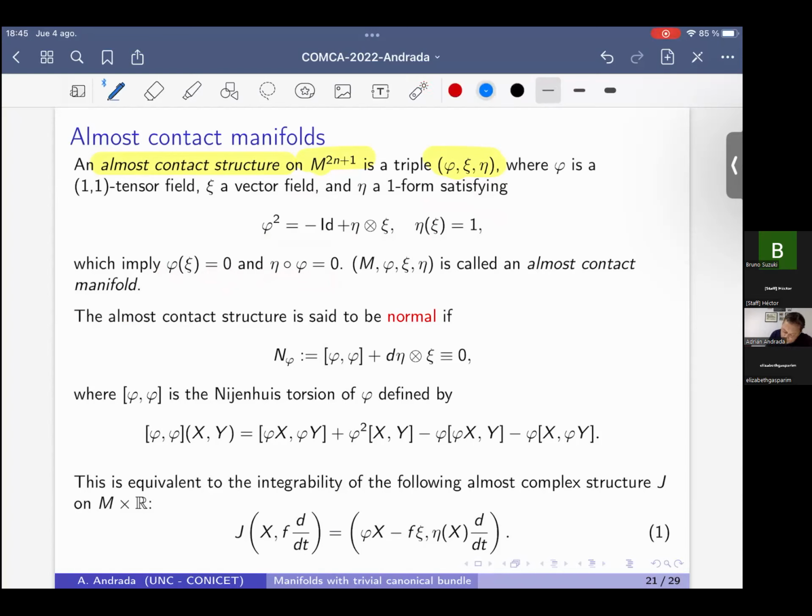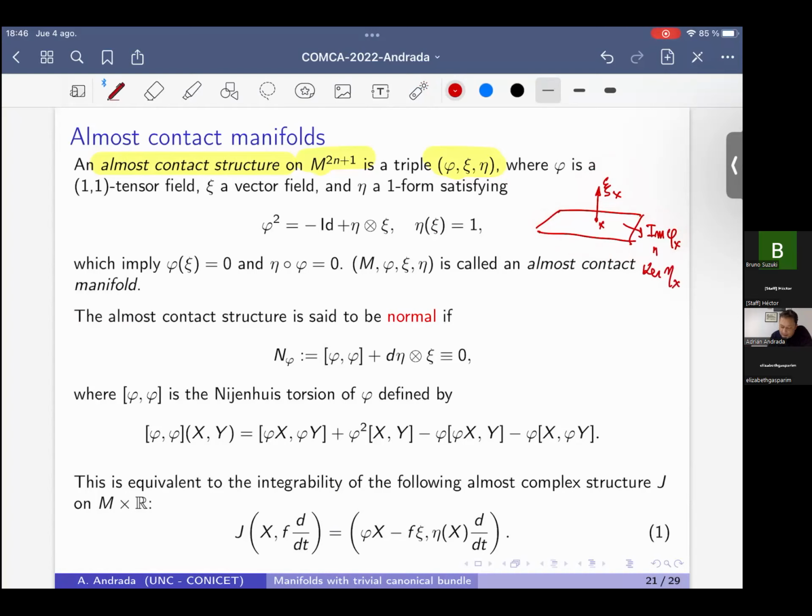This means simply the following, that at any point we can decompose the tangent space. We have x here, here we have psi x, and here we have the image of phi x. And then we can decompose at any point the tangent space as the part generated by psi, and the image of phi, which coincides with the kernel of eta.